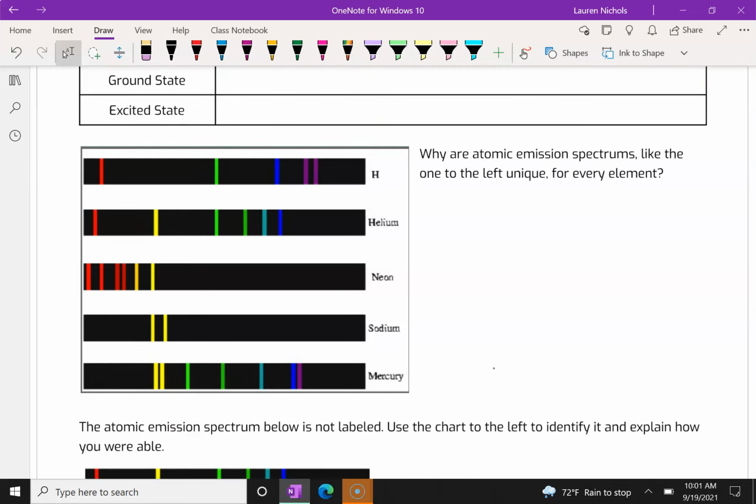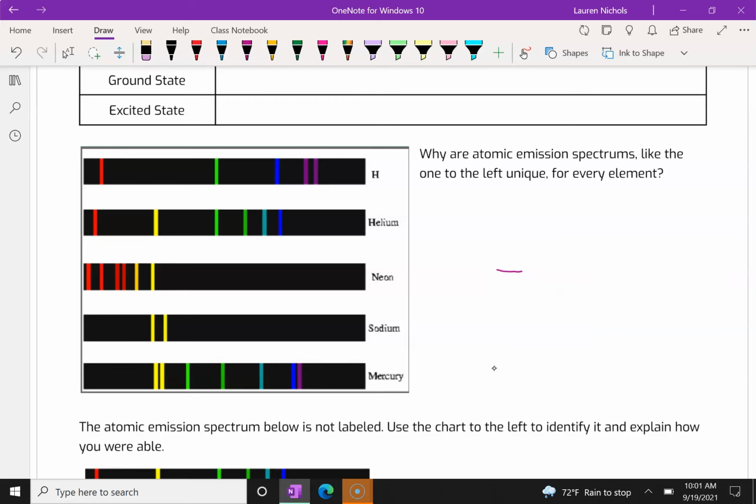Now, these atomic emission spectrums, the way these are produced is if you take light and you stick it into a prism, right? When the light goes through, it bounces out into the different colors, like a rainbow. And so these prisms allow you to see these different lines.